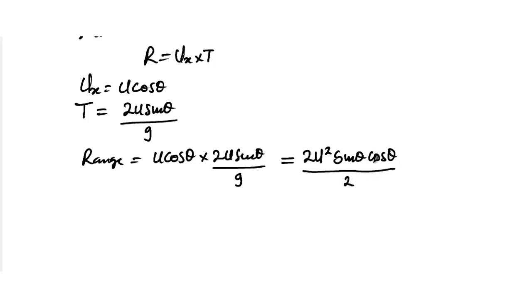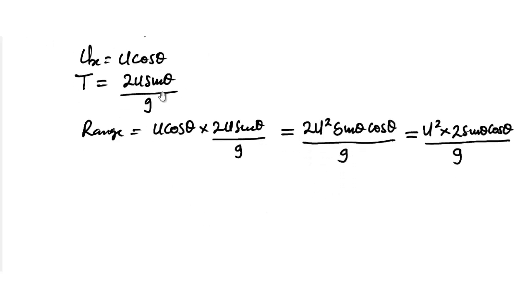I want to do some mathematical manipulation. I can rewrite this as u square multiplied by 2 sine theta cos theta divided by g. Did I say 2 here? It is g. Pardon me for that, let me edit it. Divided by g. Sorry for that.